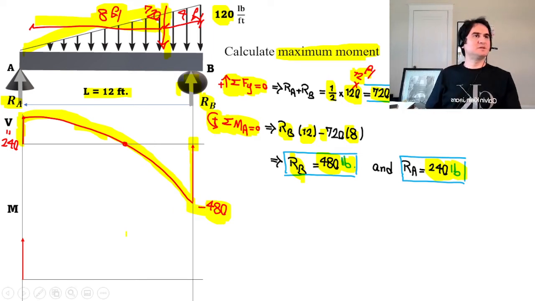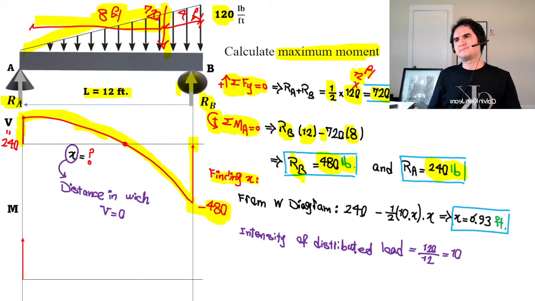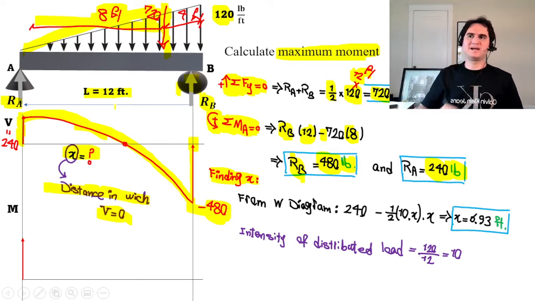The next step is to find where the shear meets the x-axis. So that's finding x. x is the distance at which shear goes to zero, where shear meets the horizontal axis.